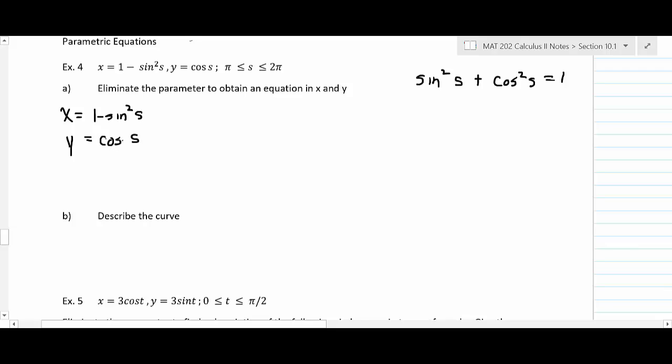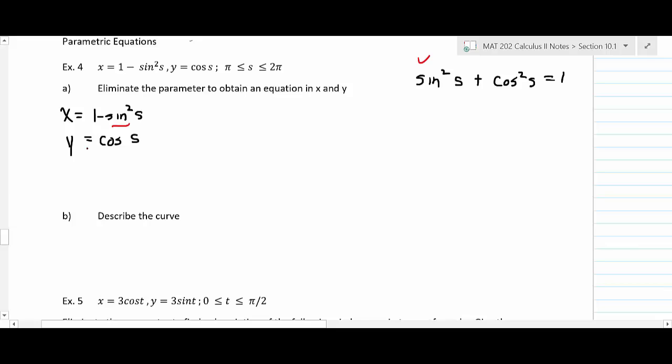I mean, you could do the inverse cosine of both sides on this one to solve for s, but you want to kind of avoid that. So what I'm going to do is take advantage of this. See, I already got a sine squared in there. I would like this to be a cosine squared, and then maybe this identity will be helpful. So what can I do to this equation right here to make the cosine become cosine squared?